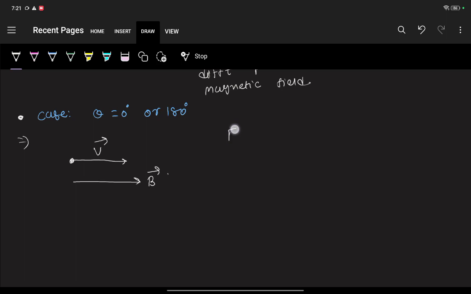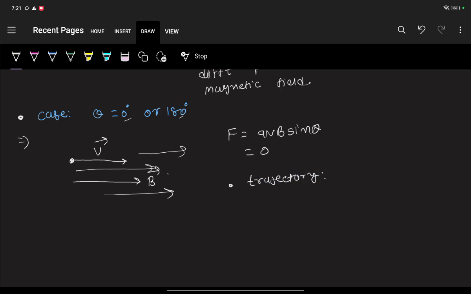First of all, the force on the charged particle would be 0, because sine 0 or sine 180 is 0. So the particle will follow its original path in a straight line. So the trajectory will be a straight line.